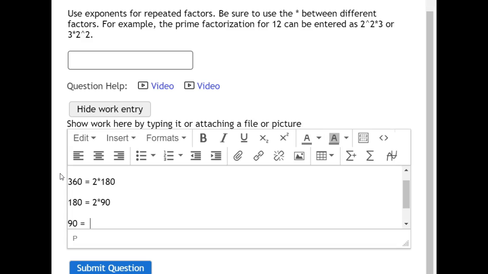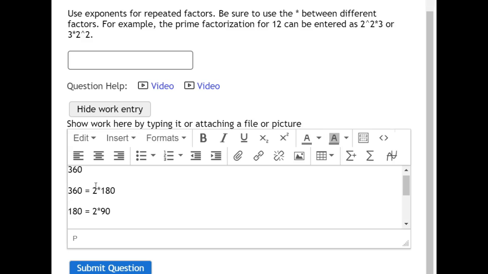And then 90 equals 2 times 45, and 45 equals 3 times 15, and 15 equals 3 times 5. And what you should realize at this point is that what we found are the prime factors of 360.